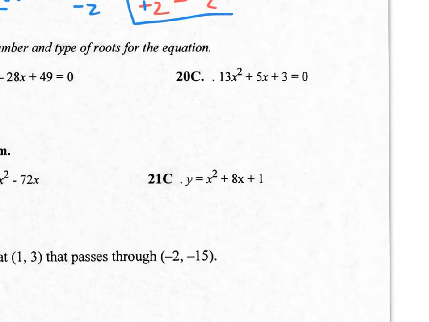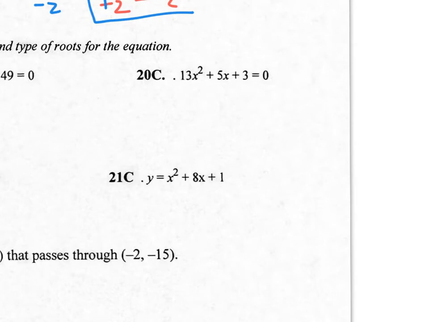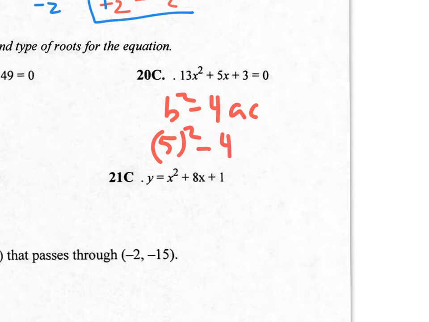Let's just jump to 20C here. Okay, so the discriminant is b squared minus 4 times a times c. So that's 5 squared minus 4 times 13 times 3.